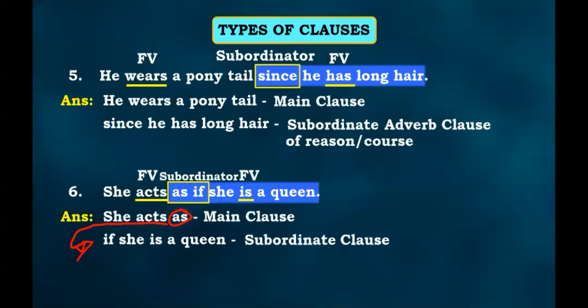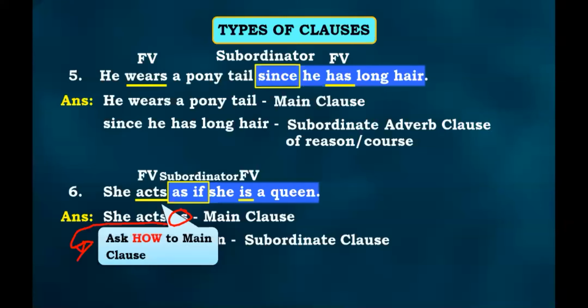As if she is a queen is the subordinate clause. What does she act? Where does she act? Why does she act? क्या question क्या पूछेंगे? Okay, let me explain it to you in Hindi. She acts, वो ऐसे behave करती है as if वो रानी है. Correct?